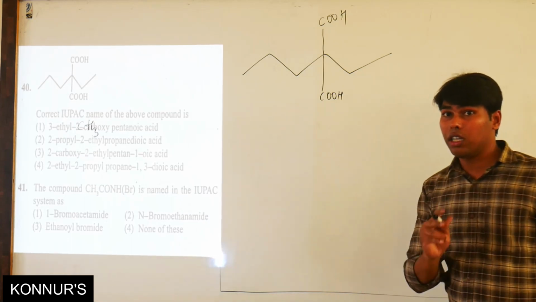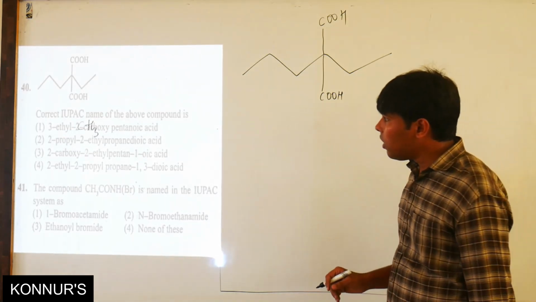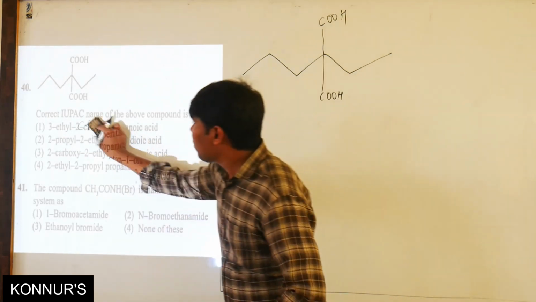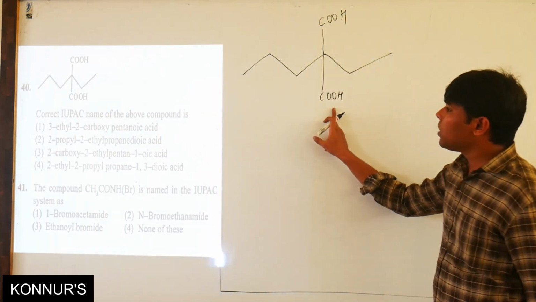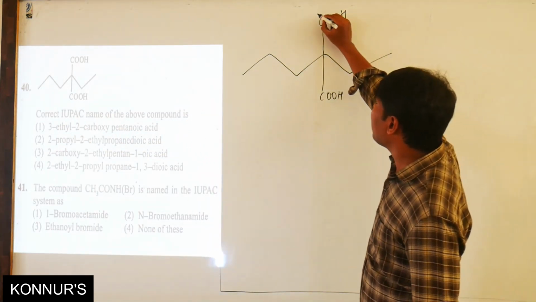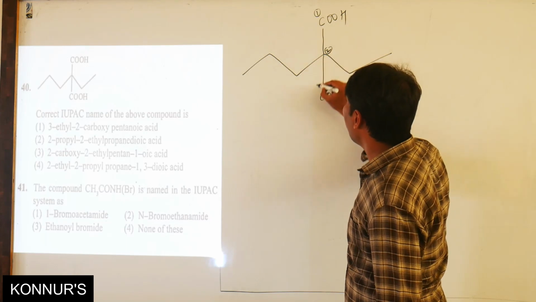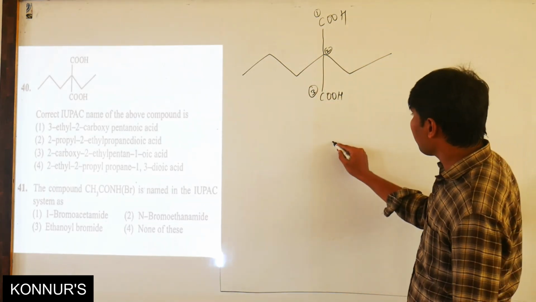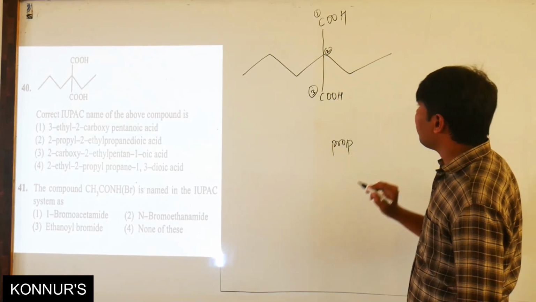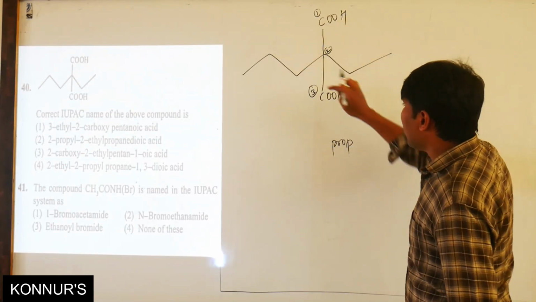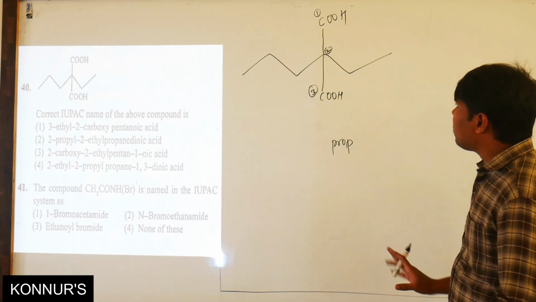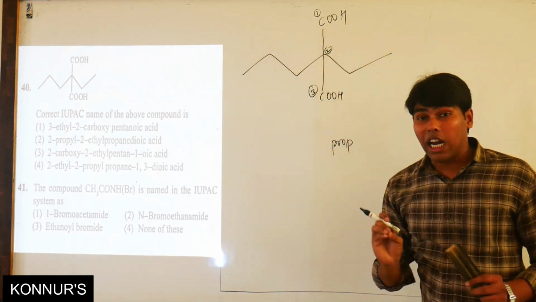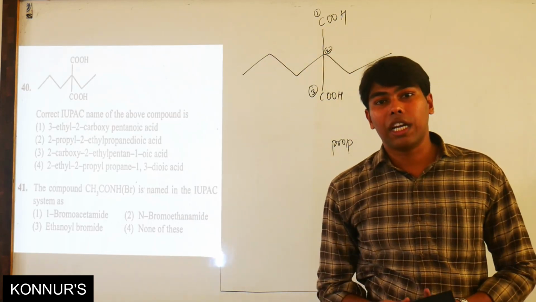I have told you, if the same functional groups are there, we need to choose a chain like this. So 1, 2, 3. So the root word becomes prop, on first carbon and third carbon. Terminals, remember that the carboxyl group is always present at the terminals.